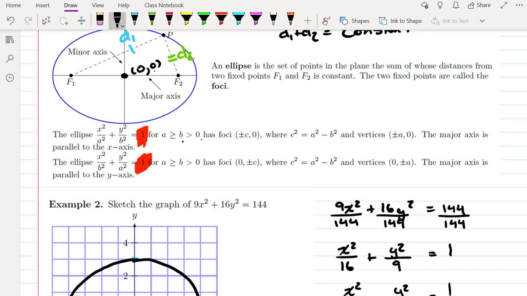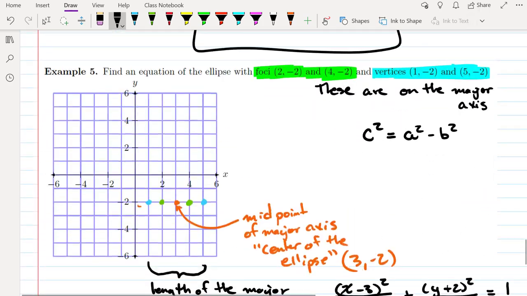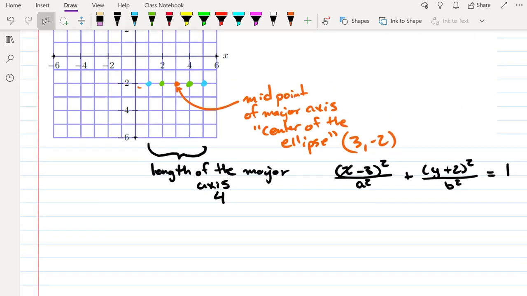That shifts the foci and the vertices as well. So plus or minus c, comma 0, and plus or minus a, comma 0 are going to be shifted by those values as well.